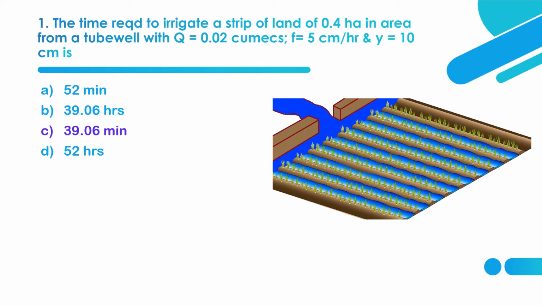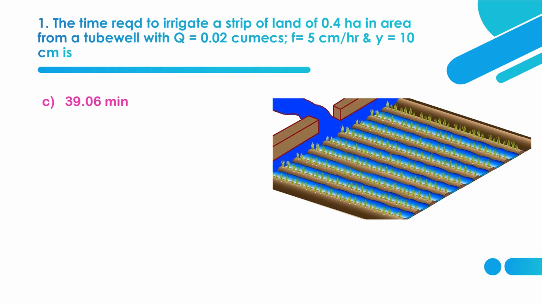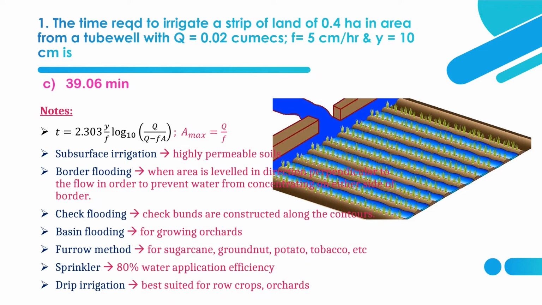There is one formula to find the time required to irrigate a strip of land in case of border flooding. That formula is given as T is equal to 2.303 Y by F log base 10 Q by Q minus FA.